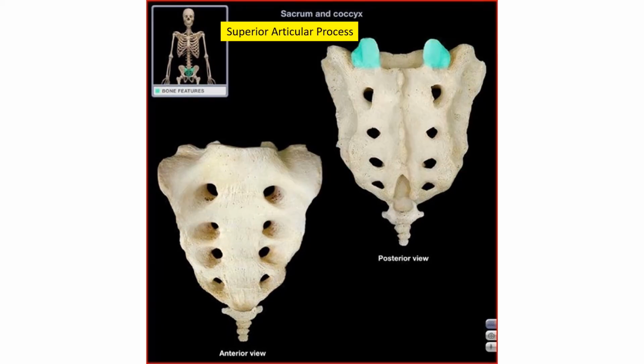Logically, the sacrum has to be articulating with the L5, the 5th lumbar vertebra. So the first sacral vertebra must have an articulating process, and it is a superior one to articulate with L5.